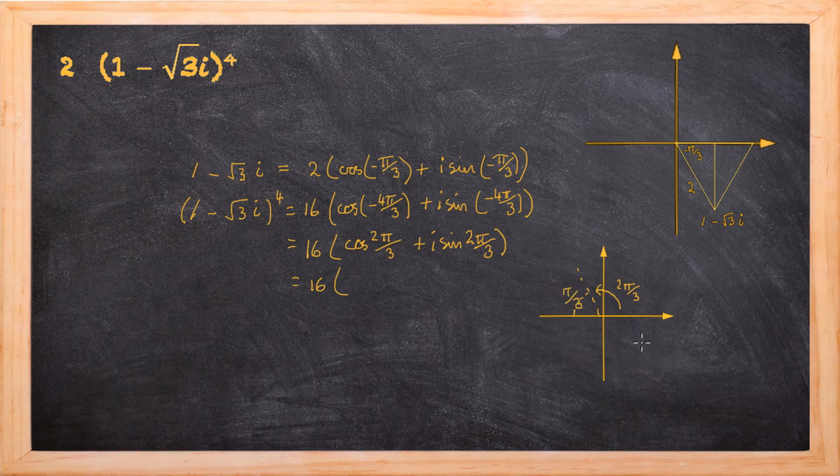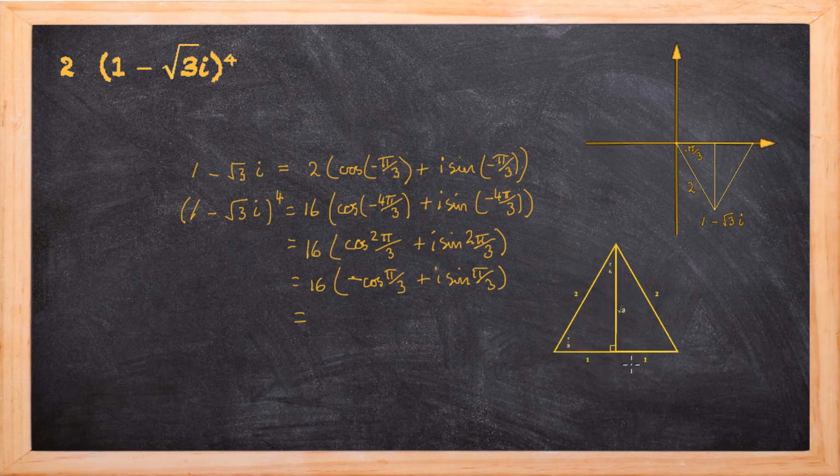And we know in the second quadrant that the sine's positive and the cosine's negative. So cos 2π/3 will be the same as the negative of cos π/3. And sin 2π/3 the same as positive sin π/3. And for the values of cos π/3 and sin π/3, we use the familiar diagram.